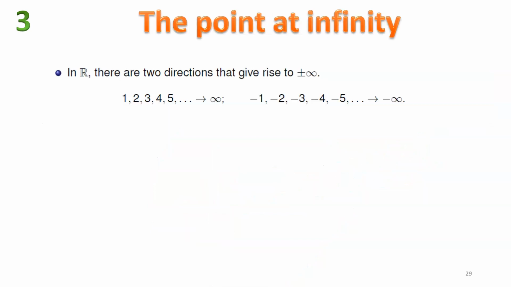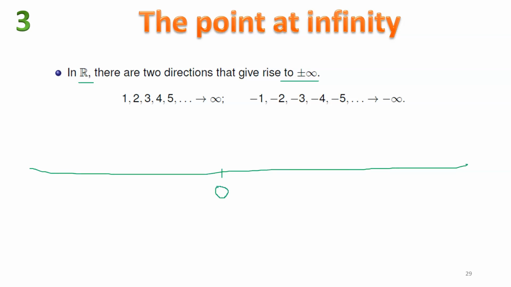In the real set, there are two different directions that give rise to a way to infinity. For example, we consider this line. Let us suppose that this is 0. So here one can go on traveling in the right hand side direction and approach infinity, which I am going to call plus infinity.